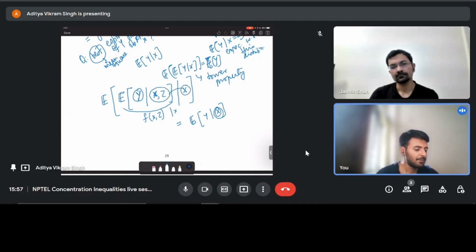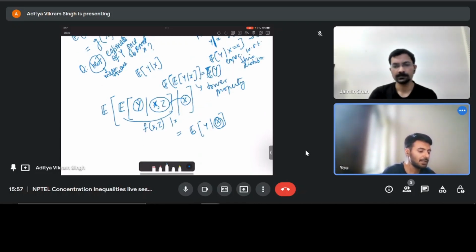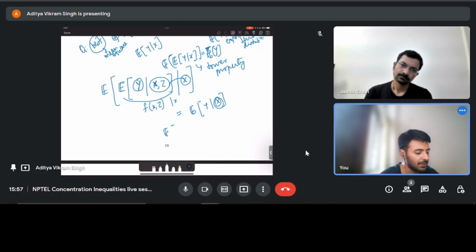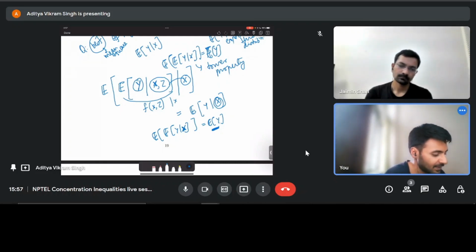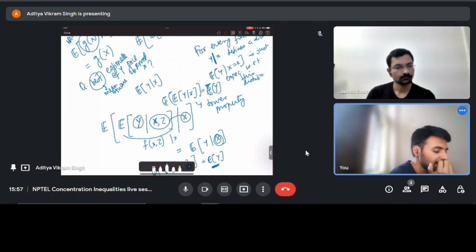The tower property says these two expectations would be the same. The special case is expected value of y given x, and then the expected value of that, which is just expected value of y, the constant random variable.